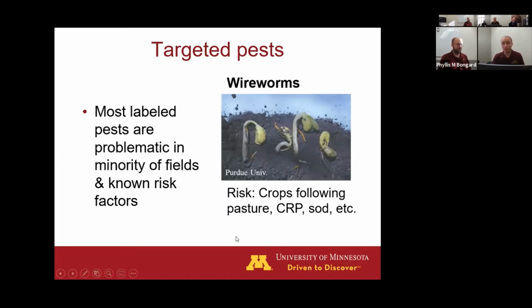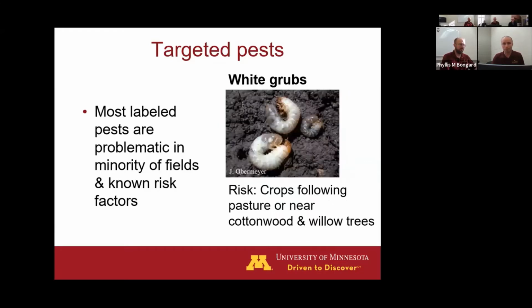And for this pest, it's especially in situations where a field is planted into a situation where there's been some kind of grass growing for an extended period of time. So that could be pasture, CRP, sod, going in, working up that cover, and then putting soybean or corn into that. It's definitely going to increase the risk for an infestation by this pest.